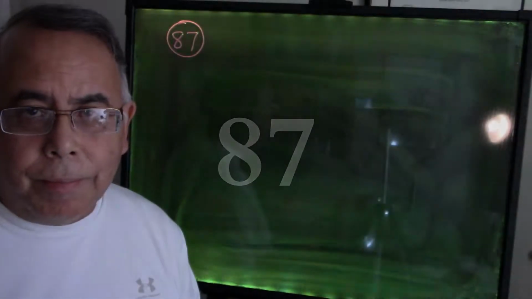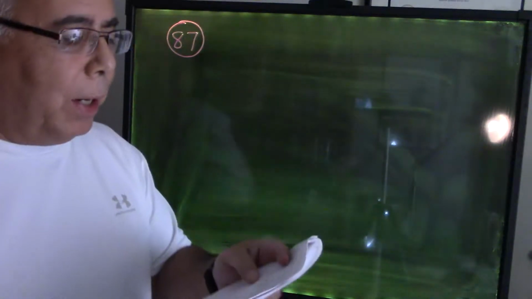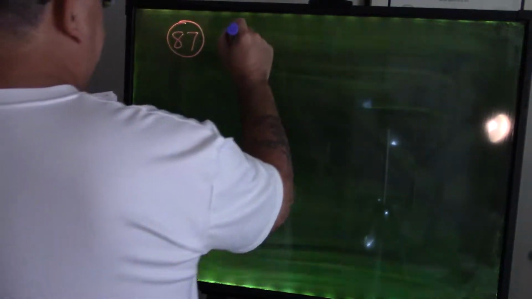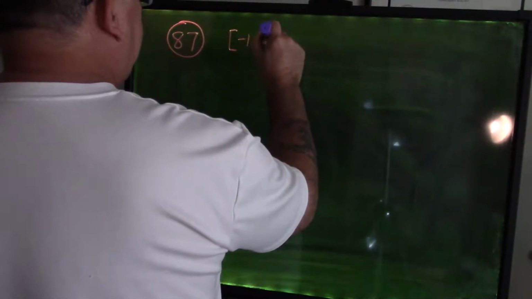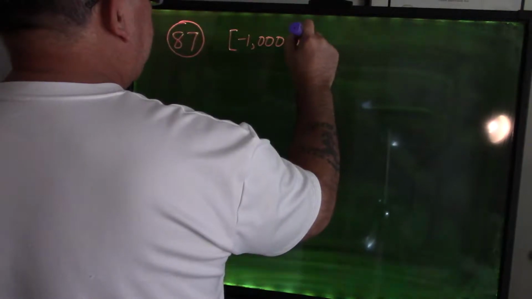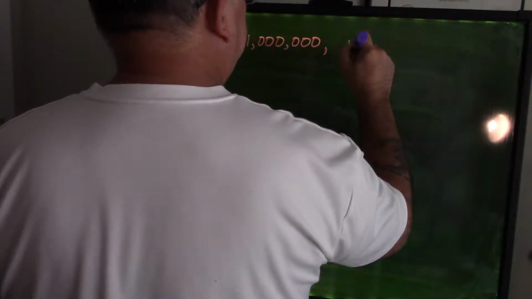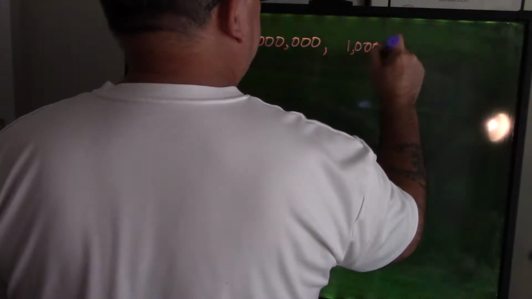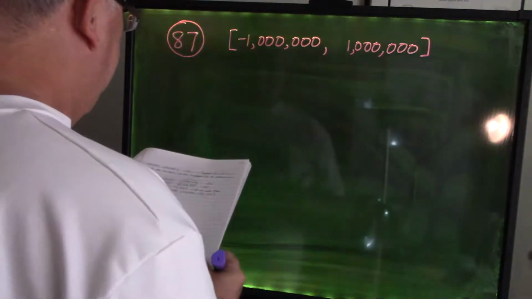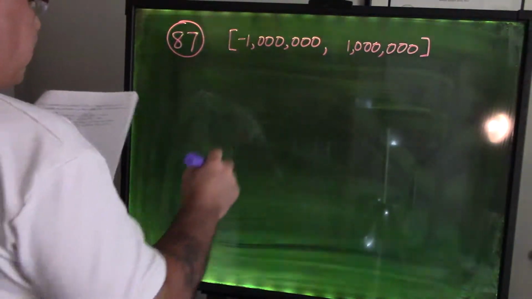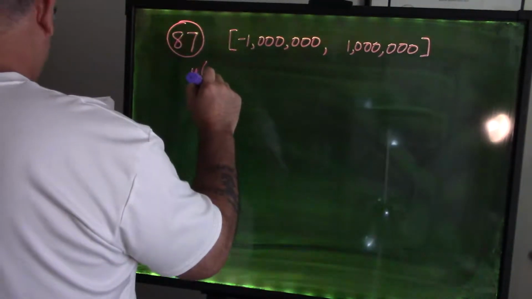Number 87, again using y equals cube root of x. Now we've got a domain from negative 1,000,000 to 1,000,000. And let's evaluate these endpoints to find the range.